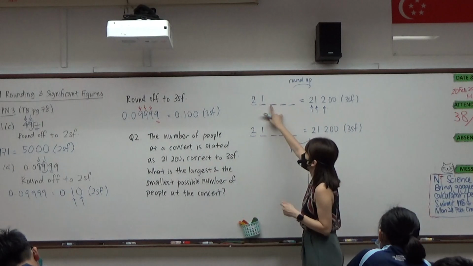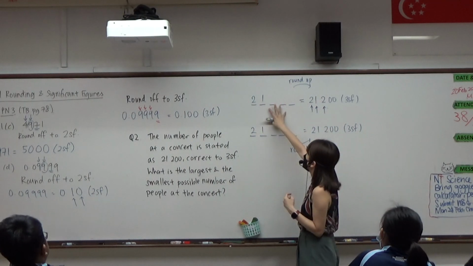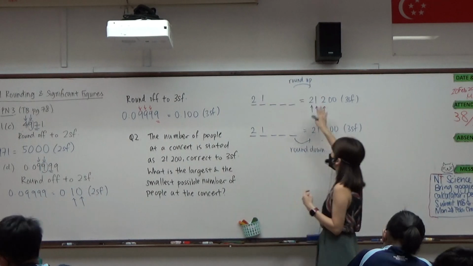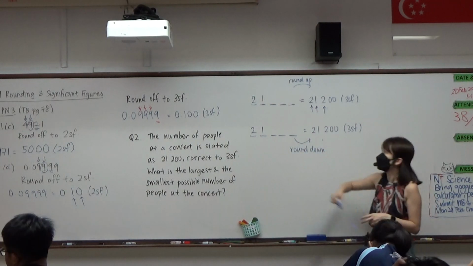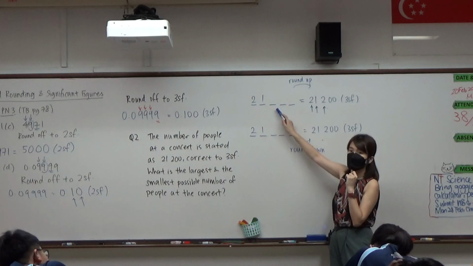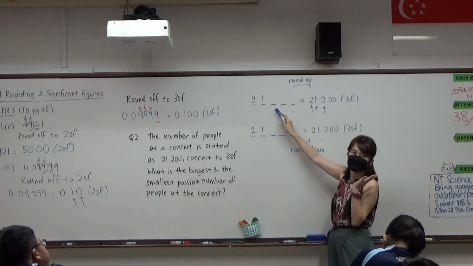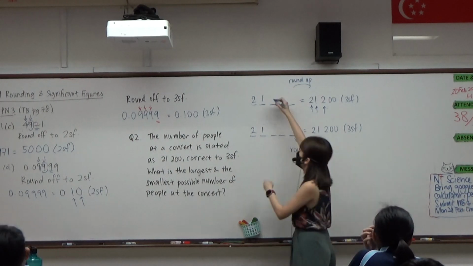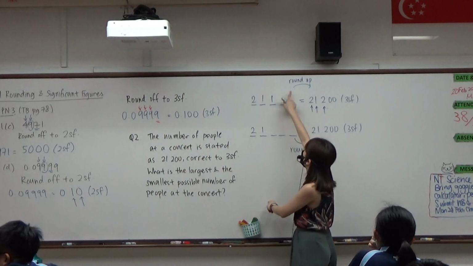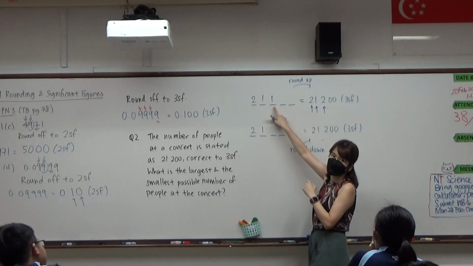What must this number be before 21,200 in order to be rounded up to get me 21,200? What must this digit over here be? Are you following what I'm saying? Yes, let's see. This digit must have been a 1 in order to be rounded up to be here. It cannot be a 2.